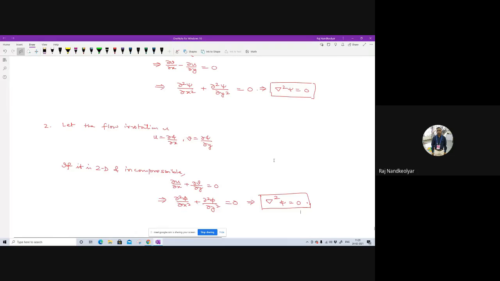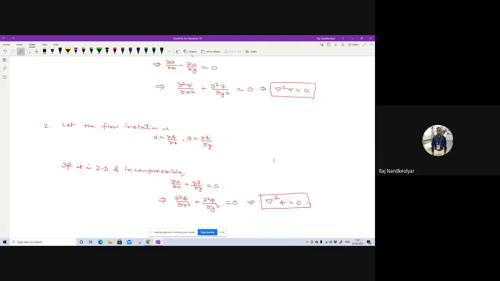So I was telling that when the stream function and velocity potential both exist together, whenever your flow is two-dimensional, irrotational, and incompressible, these three conditions are satisfied. If these three conditions are satisfied together, then your psi exists, your phi exists, and whenever they exist together, they satisfy the Laplace's equation.